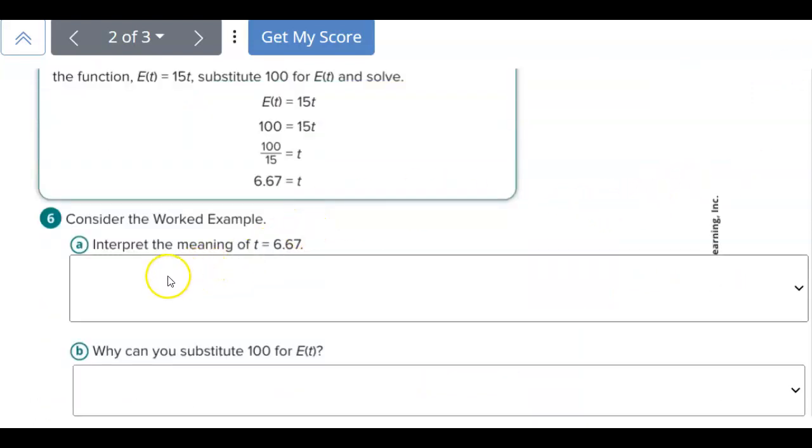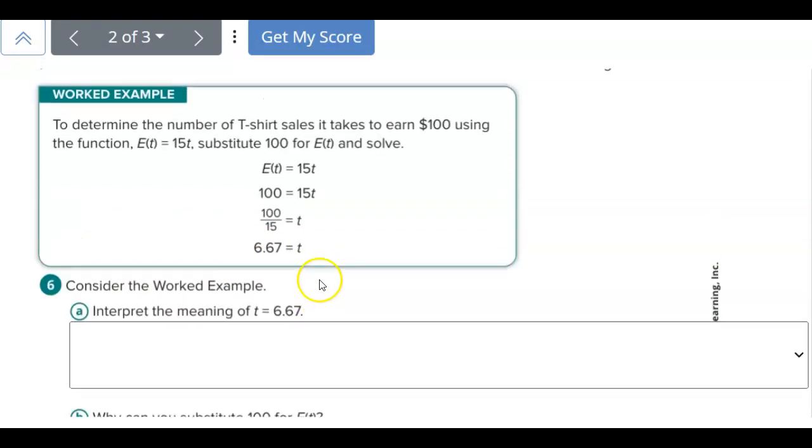So what you're doing here is you're basically writing what I just went over a little bit and what that means. So what does it mean if our t equals 6.67, or t equals 6 67/100ths? What does that mean in this situation?